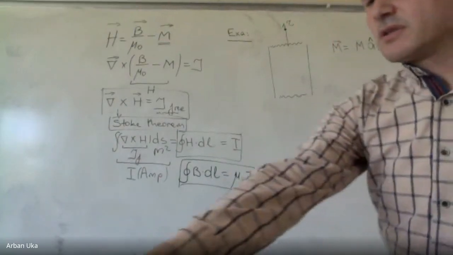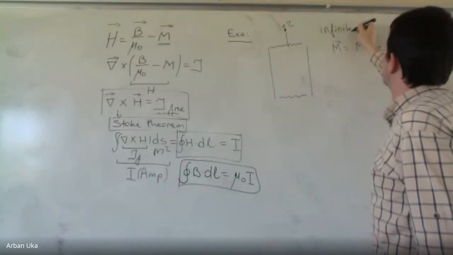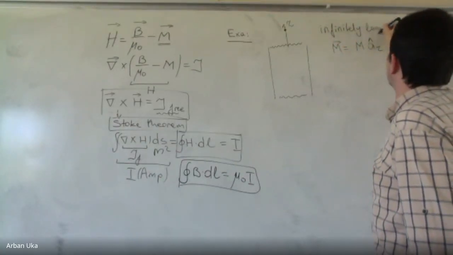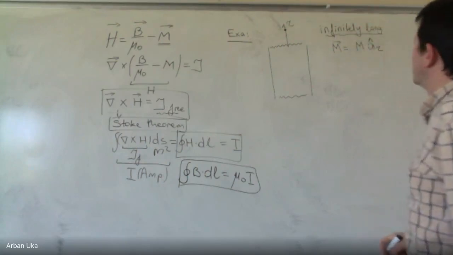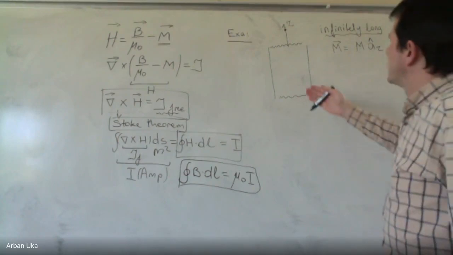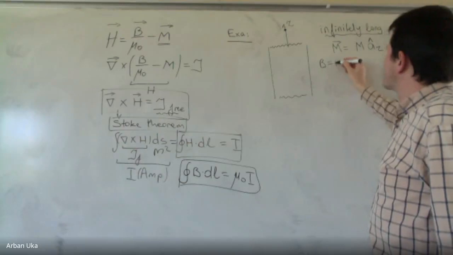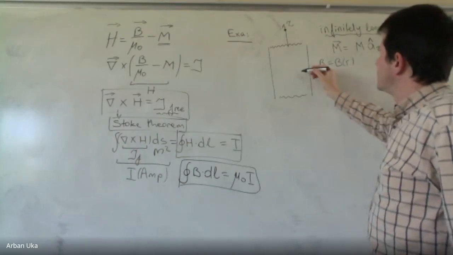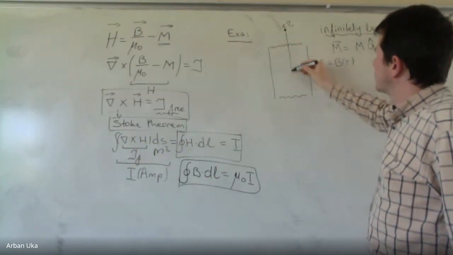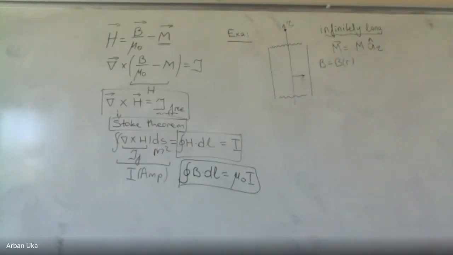If this is infinitely long, then it looks like we can find the magnetic field only as a function of radius r, which means with respect to the distance to the axis of the cylinder. So here we have B equal to B_r, as a function of this.